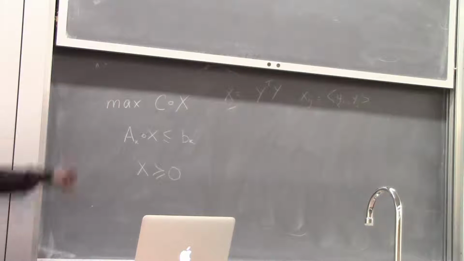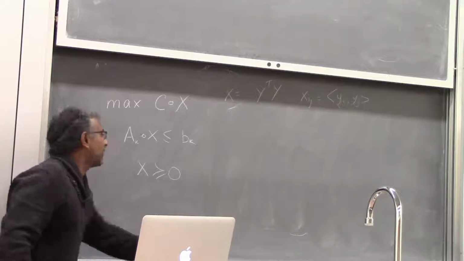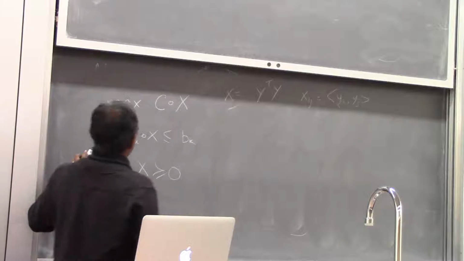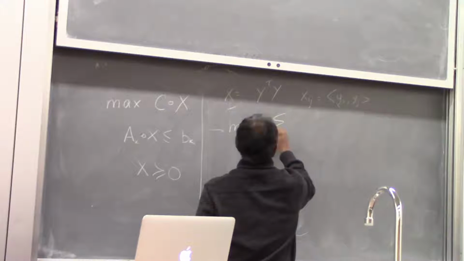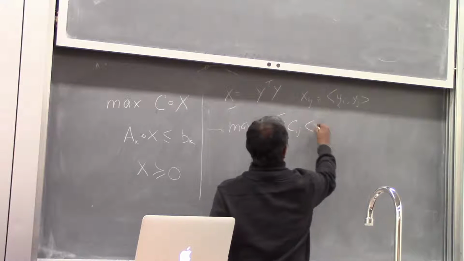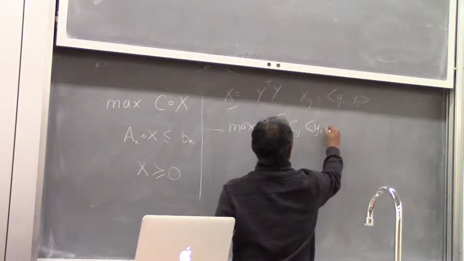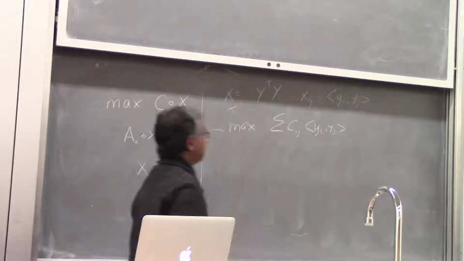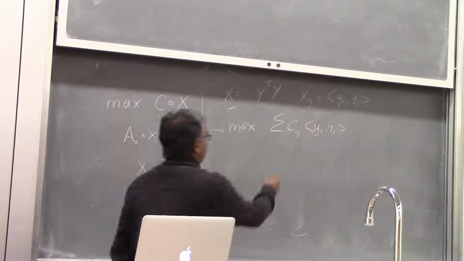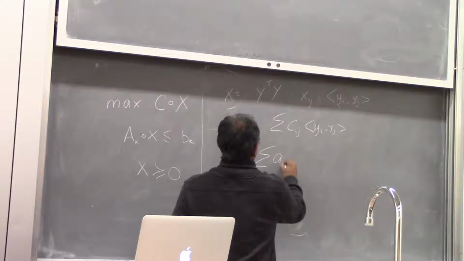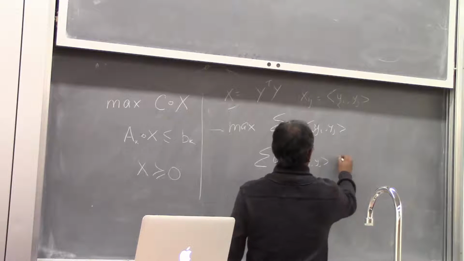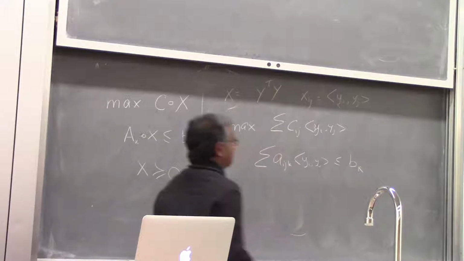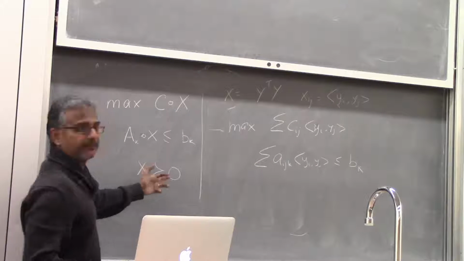What that means is that if you read all these expressions, you're doing something that we'll call vector programming, essentially. Namely, you want to maximize a sum of c_ij times the inner product of y_i and y_j, subject to constraints of the form sum of a_ijk times the inner product of y_i and y_j is less than or equal to some b_k. And then you have these other constraints.